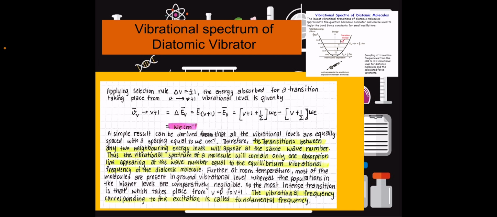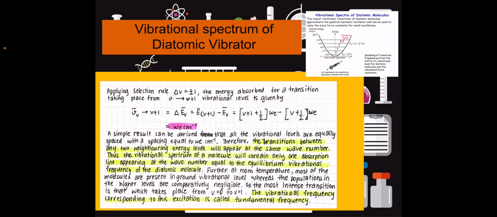A simple result can be derived from this equation, that is, all vibrational levels are equally spaced with a spacing equal to omega e centimeter inverse. Therefore, the transition between any two neighboring energy levels will appear at the same wave number. Thus, the vibrational spectrum of a molecule will contain only one absorption line appearing at the wave number equal to the equilibrium vibrational frequency of the diatomic molecule.